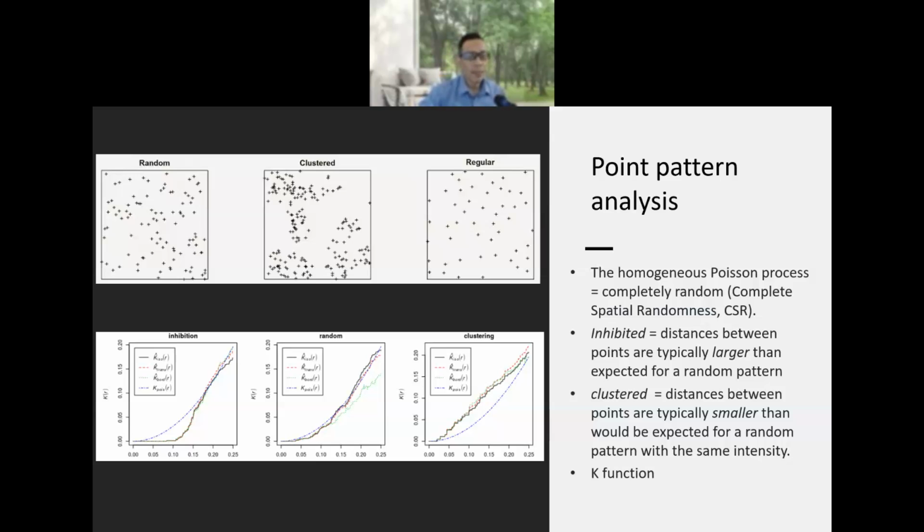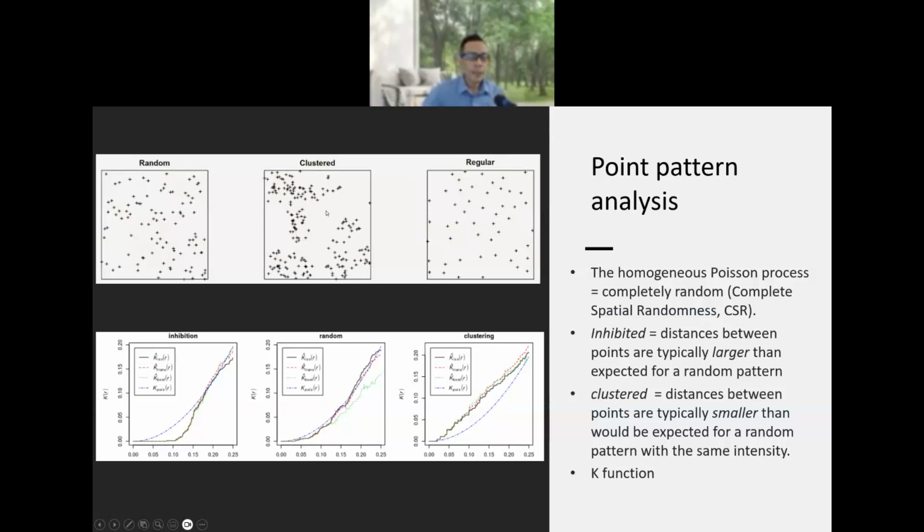So we can analyze this using the K function. So you have this K function here. If you have random, there is no specific pattern, it happens randomly. So the K function will follow the homogeneous Poisson process, in the middle, at the bottom here, the K function.